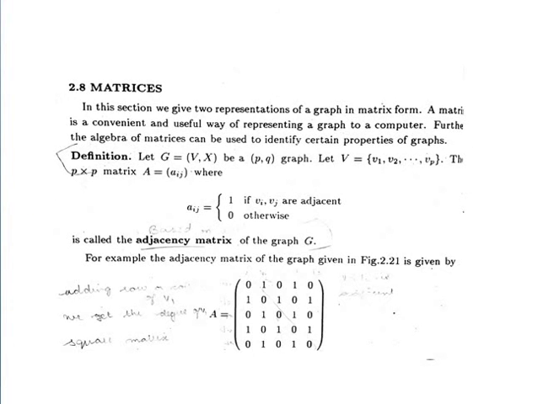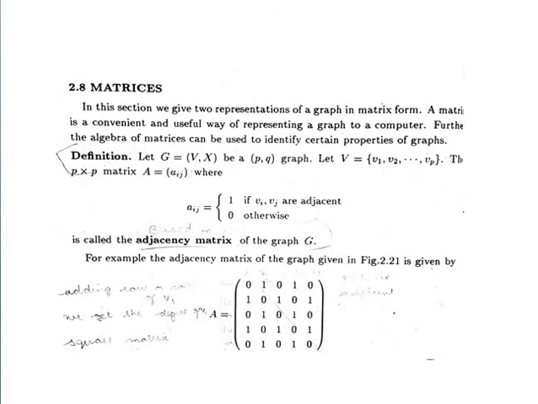Next we see the matrices of a graph. There are two types of matrices. The first one is the adjacency matrix and the other one is the incidence matrix. First we see the definition of the adjacency matrix.